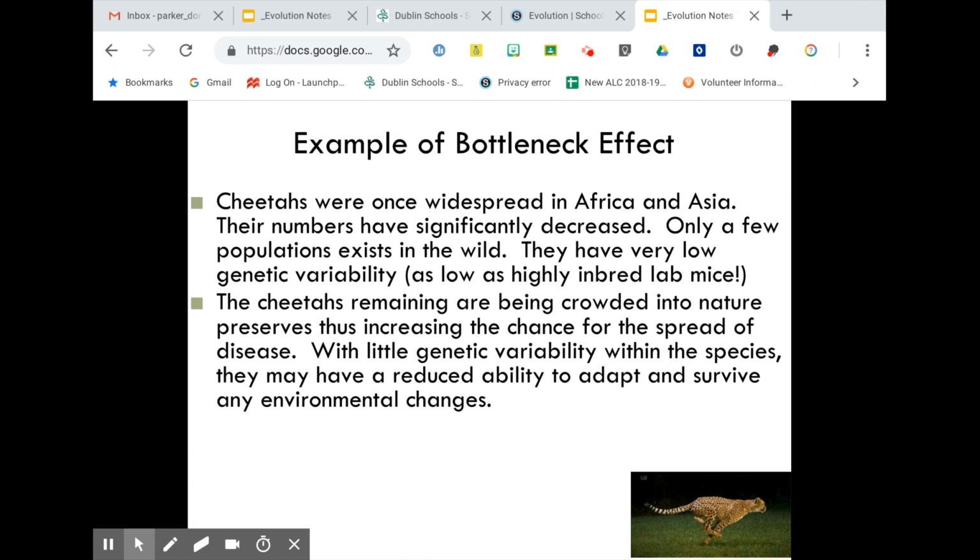And again, if you think a little bit about how often the environment changes with climate change, this could be a significant challenge for organisms like cheetahs who have had their populations decrease significantly and as a result have low genetic variability as well.